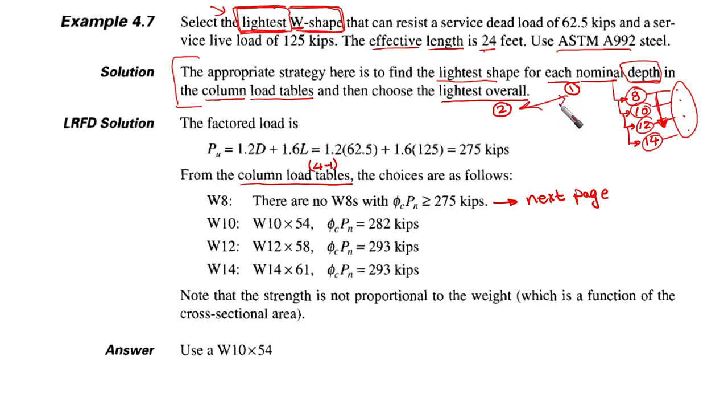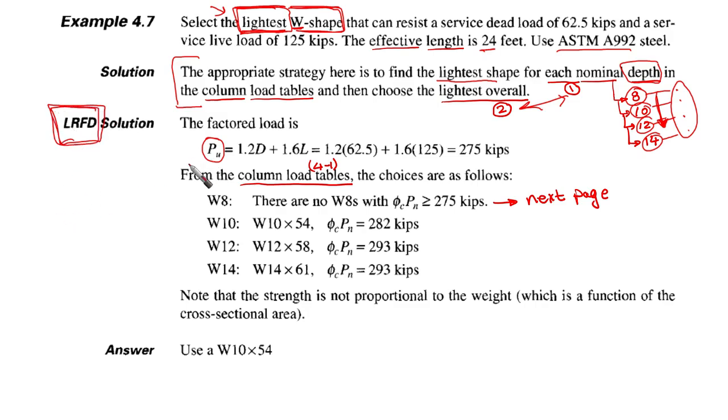So now let's put our example in a way that we can solve it. First of all, we have the service live load and dead load, so we have the ultimate load. If we're talking about LRFD, we're going to design first based on LRFD.